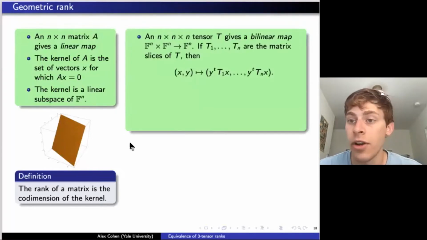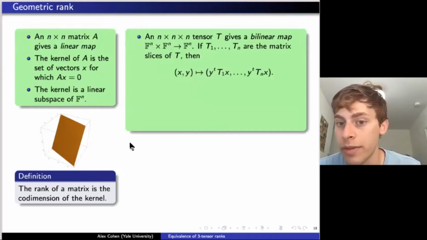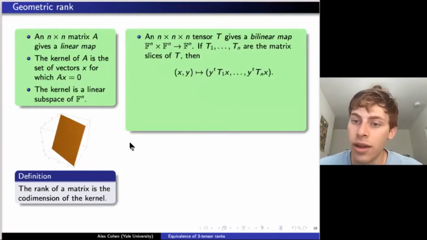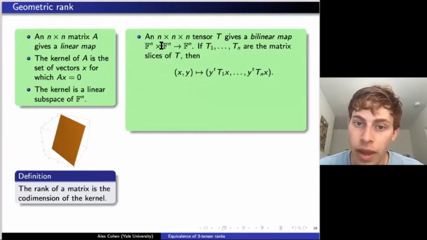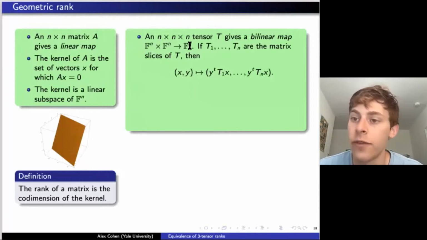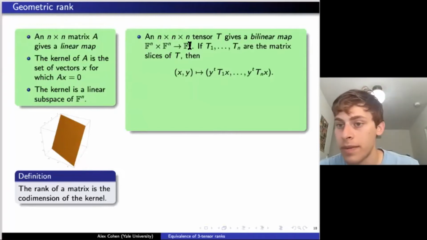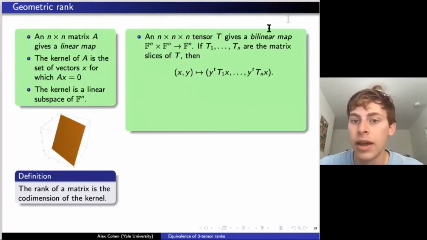So for a tensor, if we want to define the geometric rank of a tensor, I have to tell you what the kernel is. In order to do that, we make a choice. You give me a tensor T, and I'm going to make a bilinear map. So not a bilinear form, but a bilinear map that takes in 2 vectors and outputs another vector. And it's bilinear in the inputs.